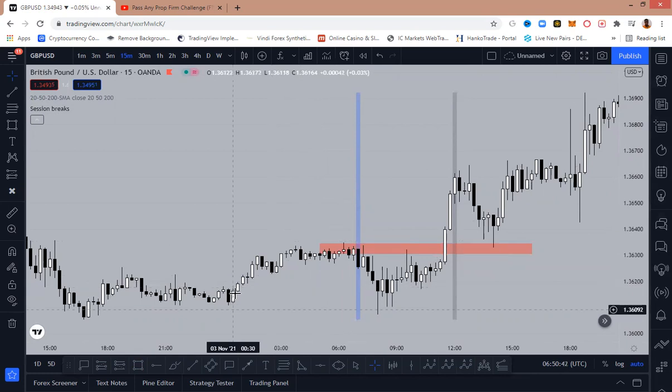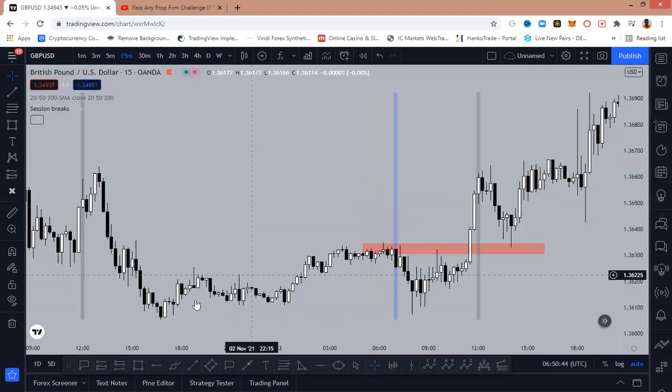Okay, so price action structures are those structures that form within the bigger market structure. Like when maybe the price is creating a lower low, within that lower low, within the lower time frames, you will see these smaller price action structures.